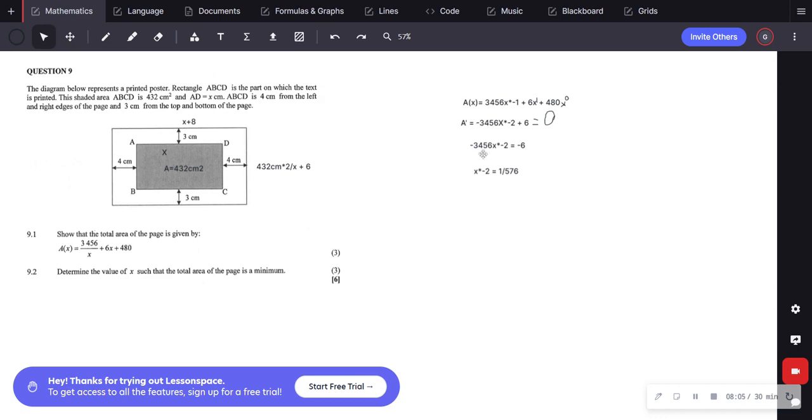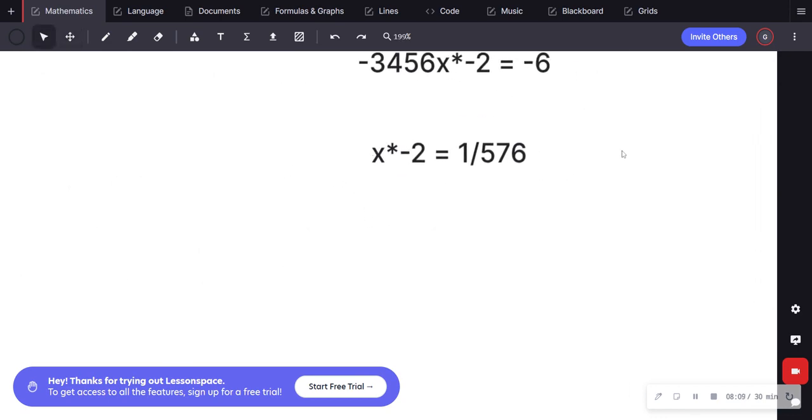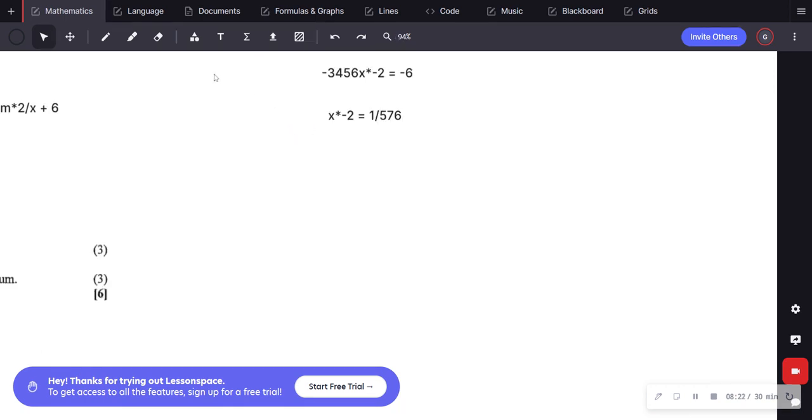Okay. And then we raise both sides to the power of negative a half, because negative 2 times negative a half would give us 1. Okay. So let's do this.